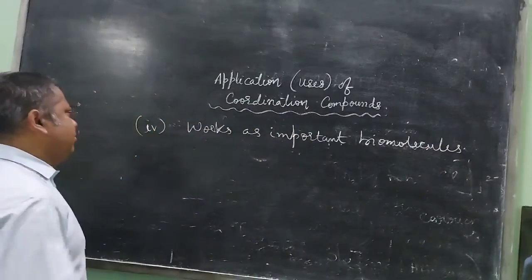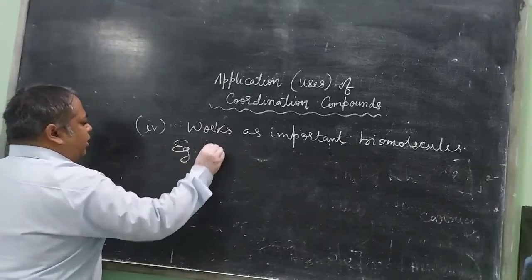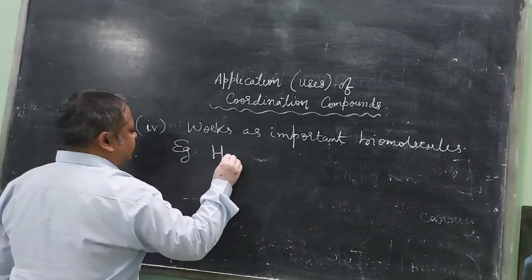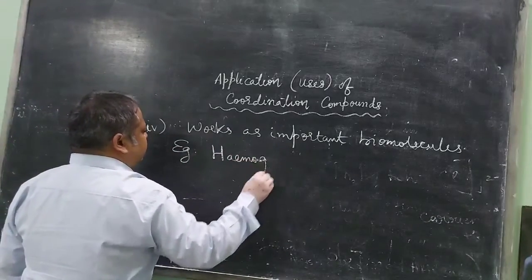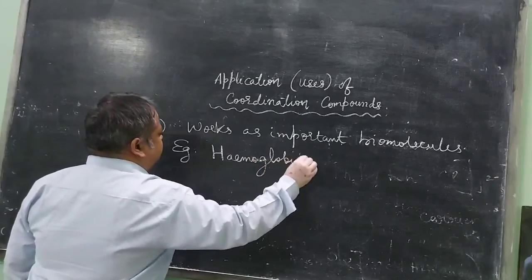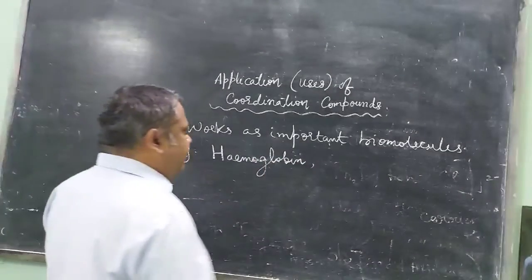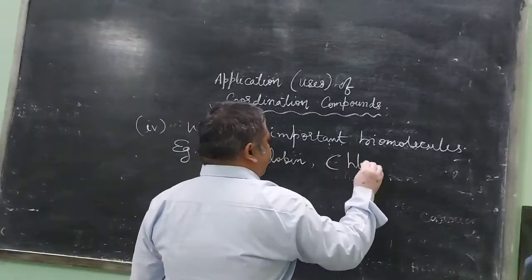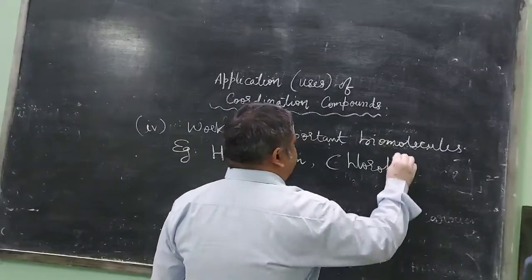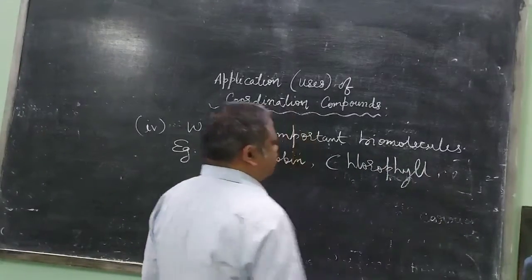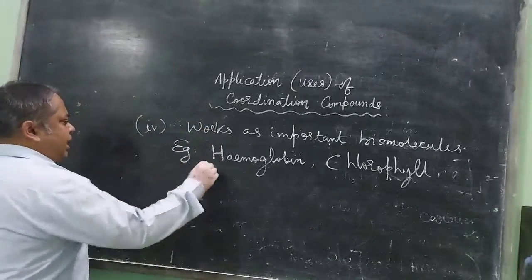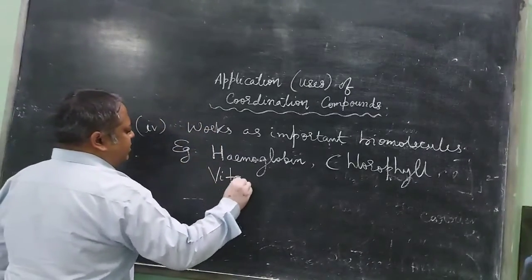Example, hemoglobin, chlorophyll. These all are complex compounds. Vitamin B, vitamins.